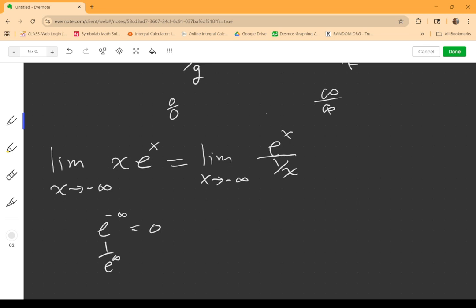So as x goes to negative infinity, now I have 0 over 0. So I could take the derivative of the numerator and the denominator, and let's see what we get here.